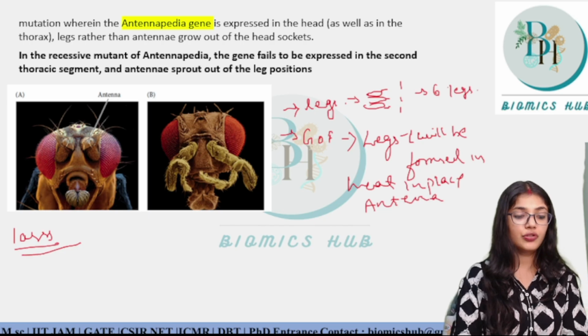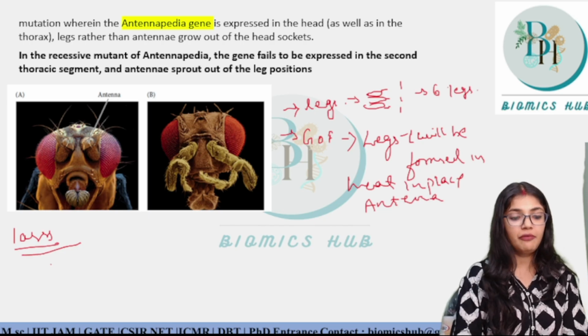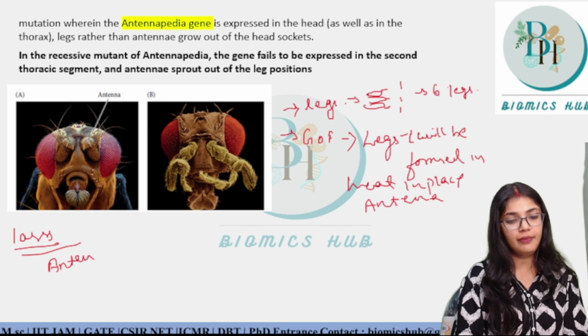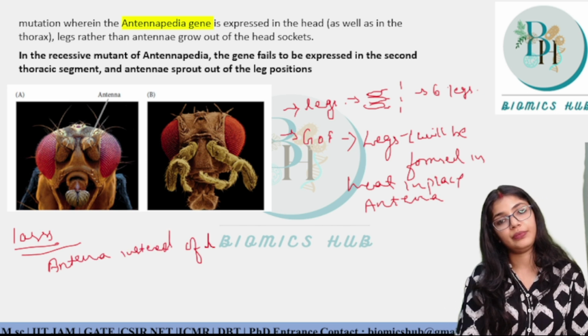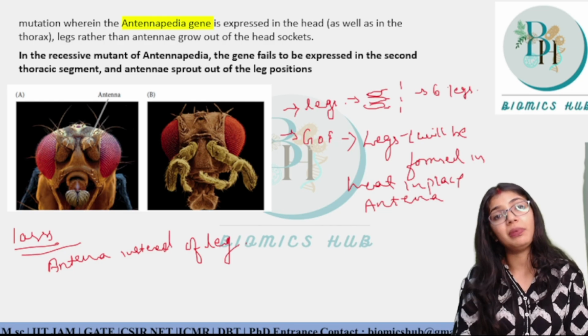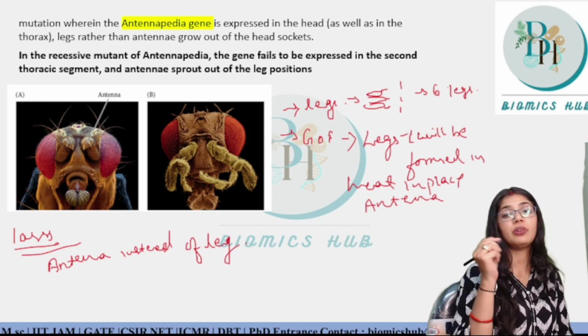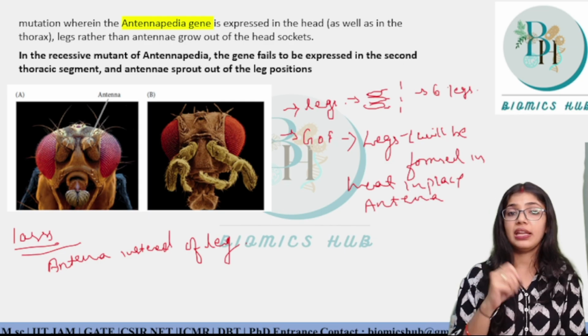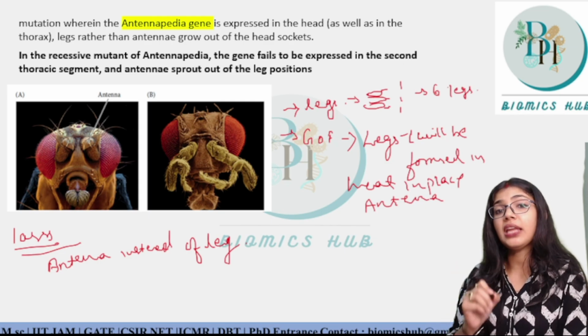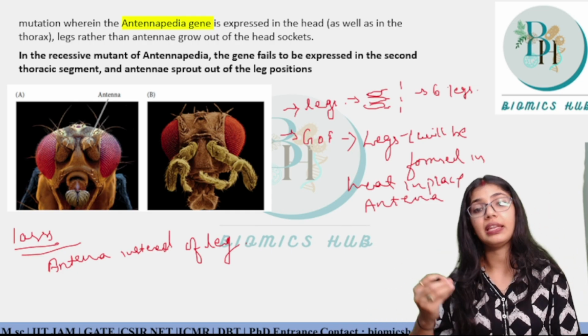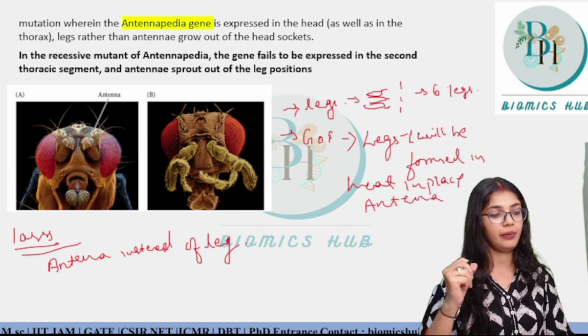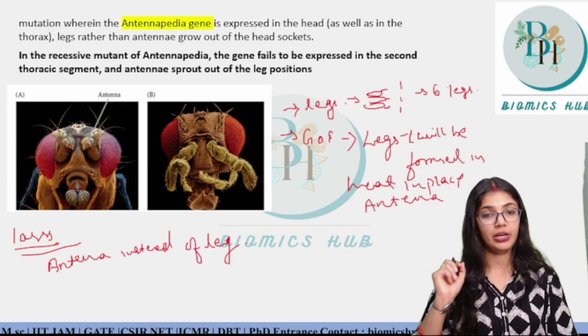If there is loss of function, there will be formation of antenna instead of leg. The place where legs should be formed, in the three thoracic segments, if the antennapedia complex is absent, cannot form the leg. If it cannot form the leg, then the antenna will be formed. In this way it is regulating.